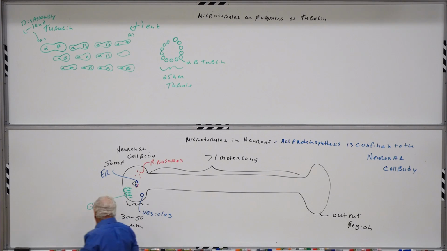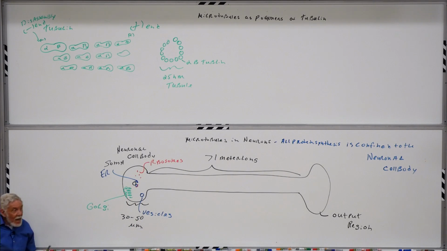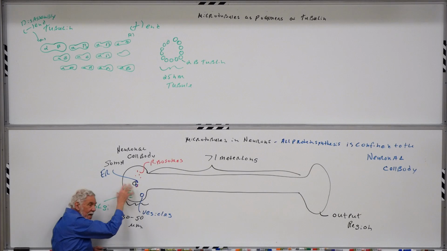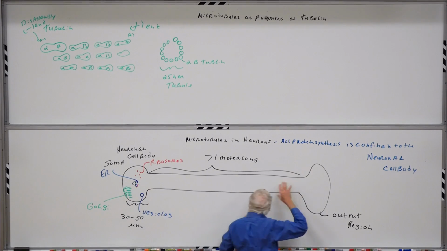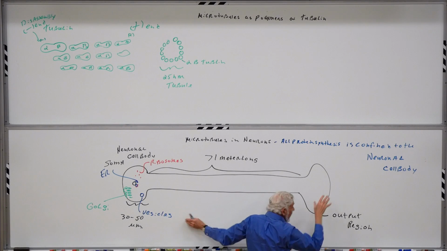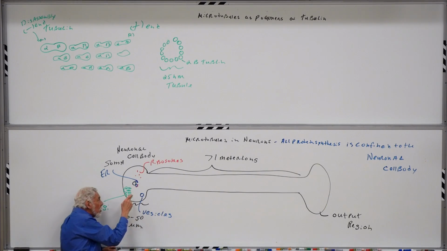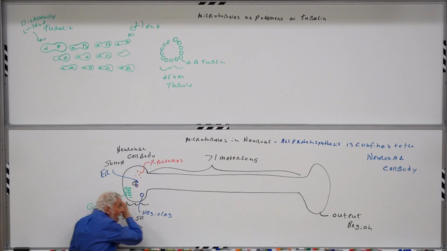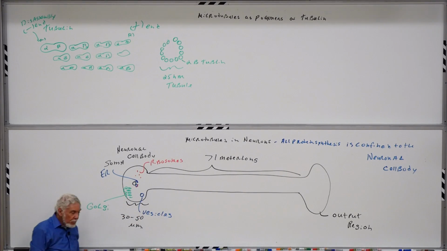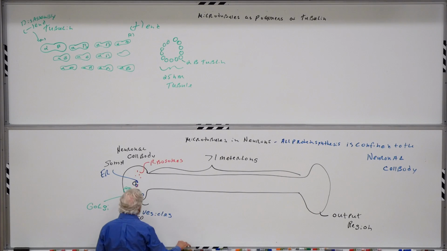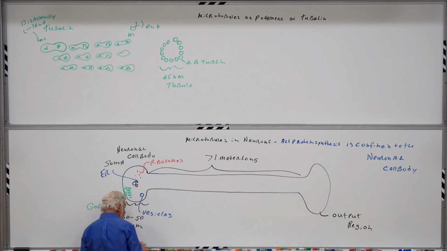So again, all proteins are made here, and yet they have to be used at some region far, far away. So the logistical question is, how do we manage to get proteins that are synthesized here in the cell body out to these faraway reaches? The answer to that has to do with the microtubules.